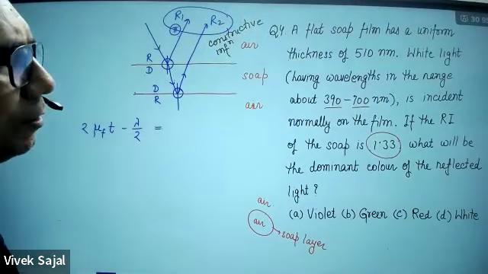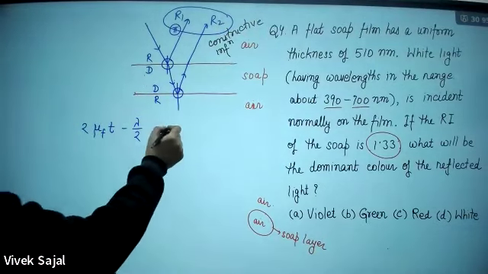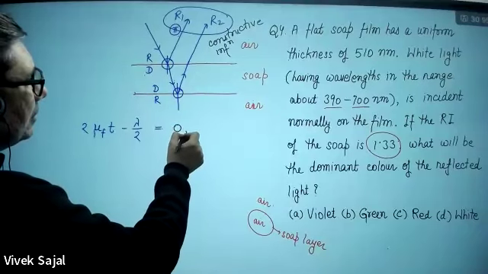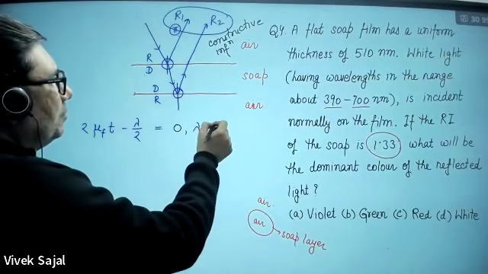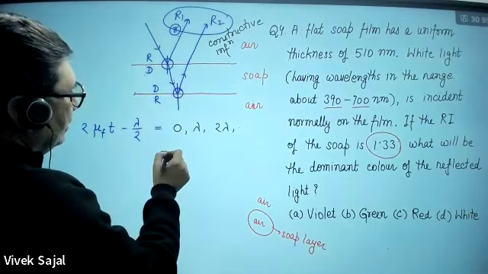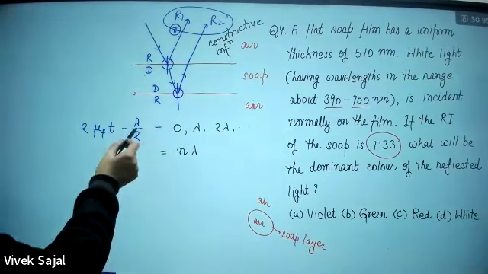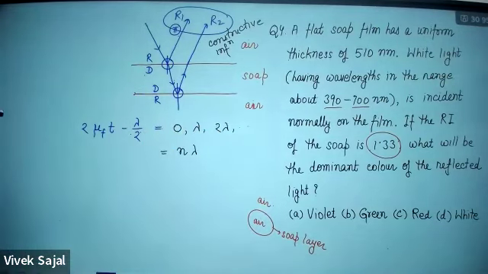For bright color, dominant color, you need constructive interference. So for constructive interference, it should be like this. This may be 0, it may be lambda, it may be 2 lambda. You should remember this. So I can write it as n lambda. Here you can choose n as 0 because this lambda by 2 is here. If you choose 0, lambda by 2 will be on this side. So I can write it as n lambda.